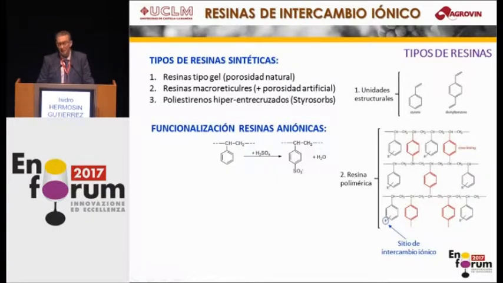In that case, we will generate an exchange resin, which is a cation one, because the sulfonic group is negatively charged and a counter ion with a positive ion will be there and will be possibly carrying out the exchange. We also need resins that do the opposite, that exchange anions, and in this case we do not have a very direct function.